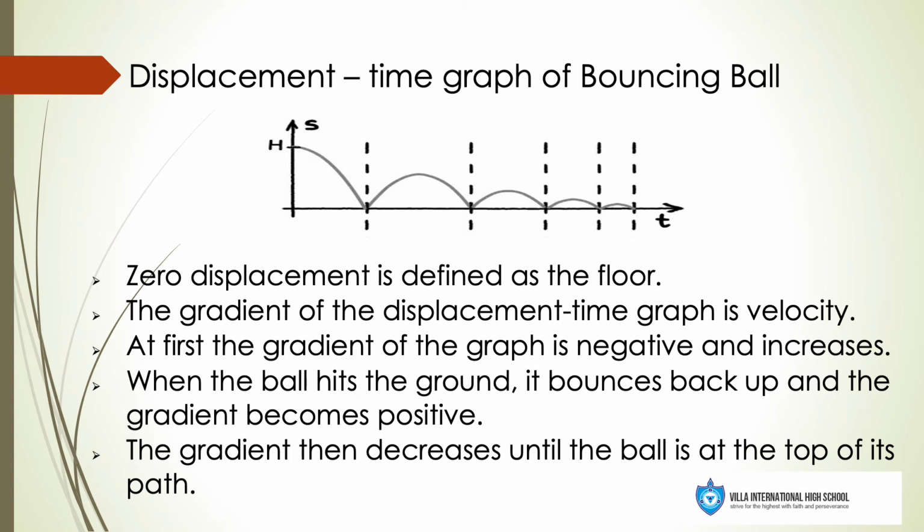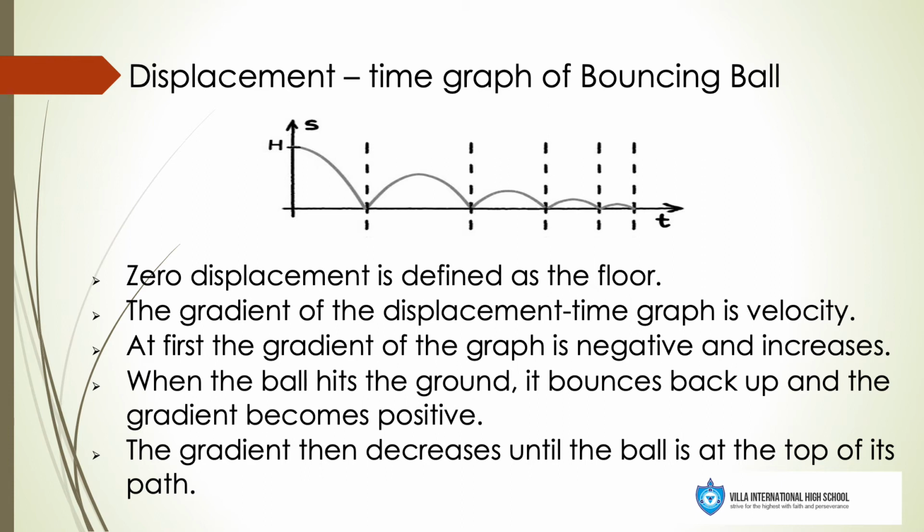We are dropping the object. Initially the displacement is maximum, which means that we are dropping the object from a certain height, so there is some height and the displacement is maximum.